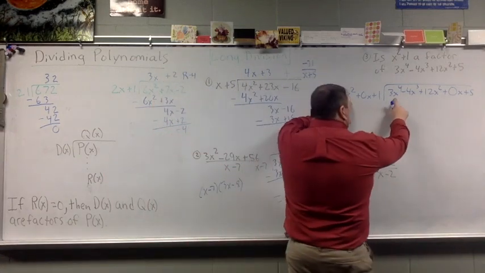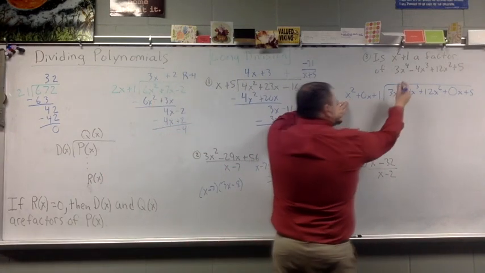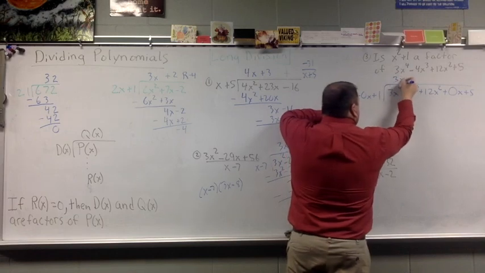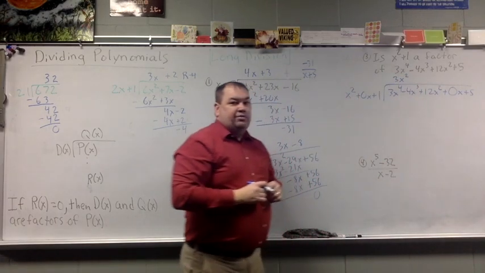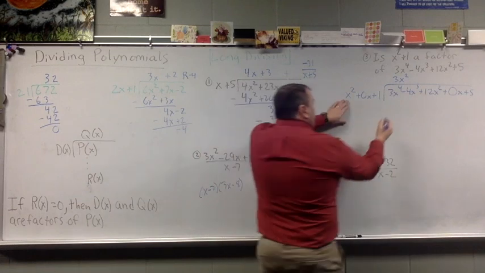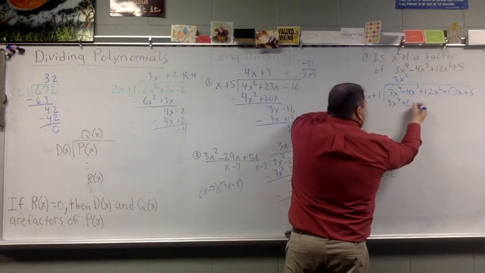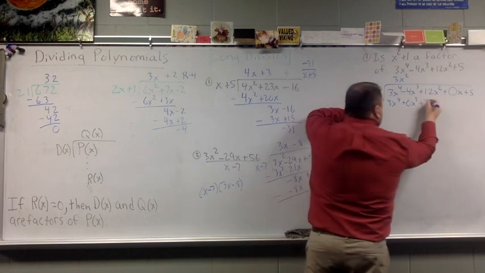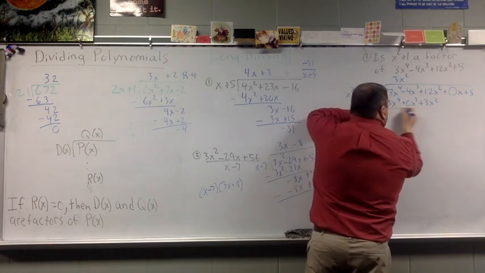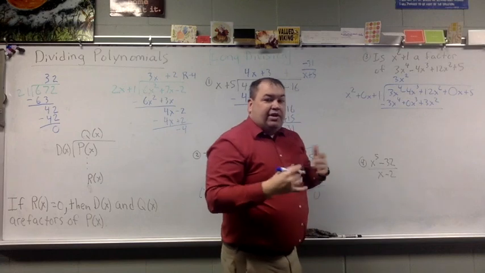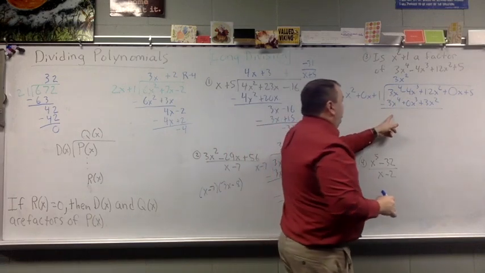We're making the first terms look the same. I need a 3, and I need an x squared. Multiply. And then subtract. If I did it right, the first term should definitely go away.